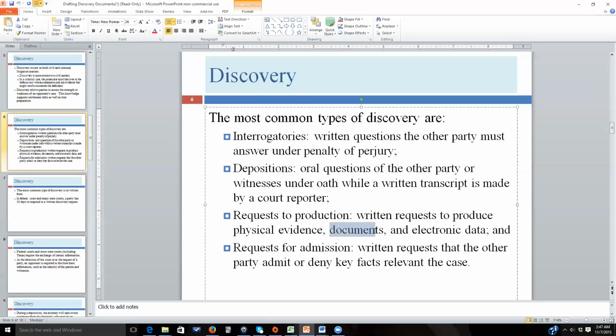They can be documents. They can be electronic data, such as email messages, scanned documents that are in a system, voicemail, any data really that's in a computer. They can also be physical evidence. So let's say there are pictures, or let's say it's a product liability case, and the question is how a particular item was designed.